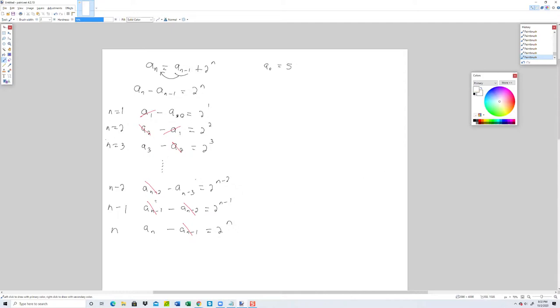So all these added together on this side will give me a sub n minus, those cancel, minus a sub 0. A sub 0, they tell us initially is 5. So that's a sub n minus 5.